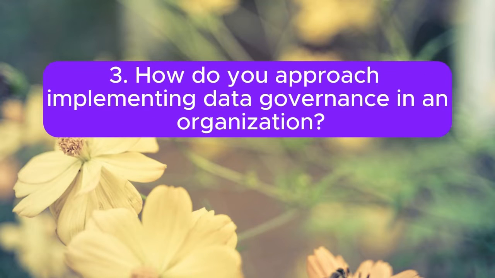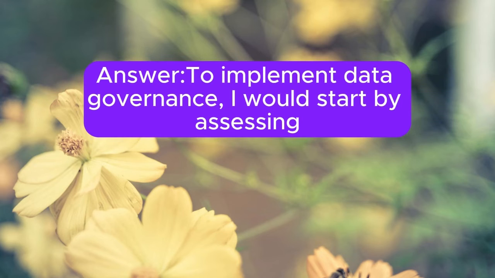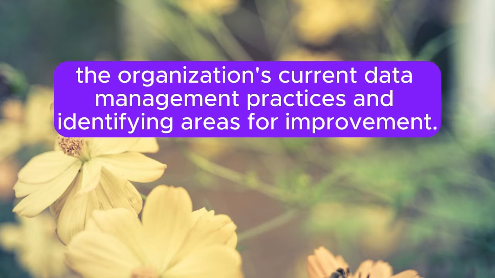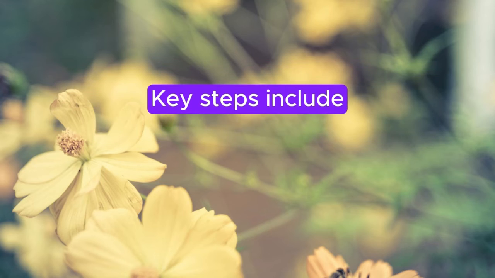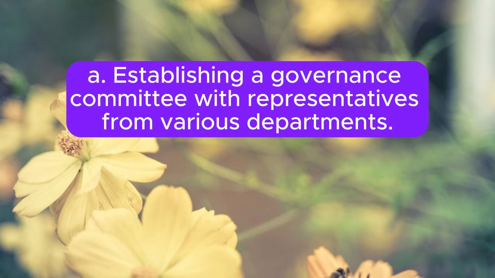3. How do you approach implementing data governance in an organization? Answer: To implement data governance, I would start by assessing the organization's current data management practices and identifying areas for improvement. Key steps include: A. Establishing a governance committee with representatives from various departments.